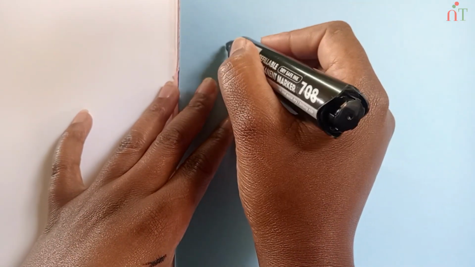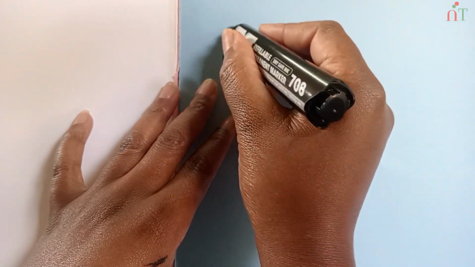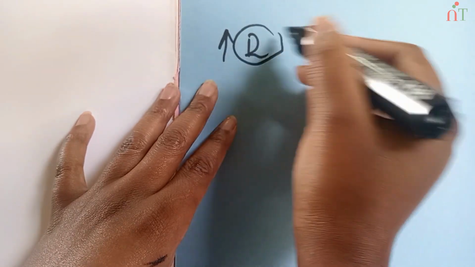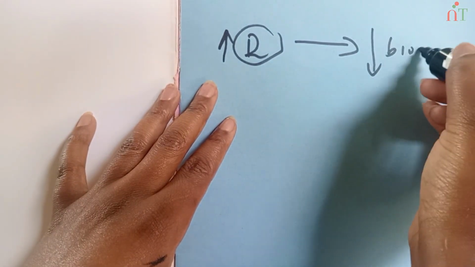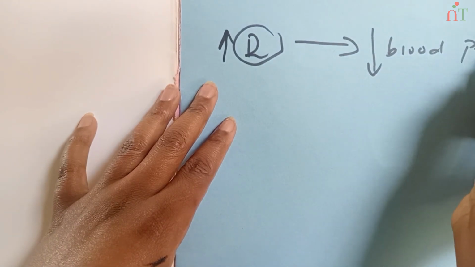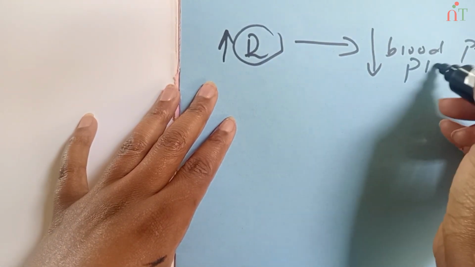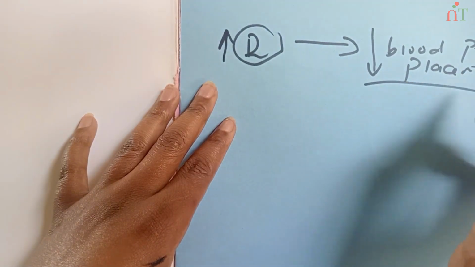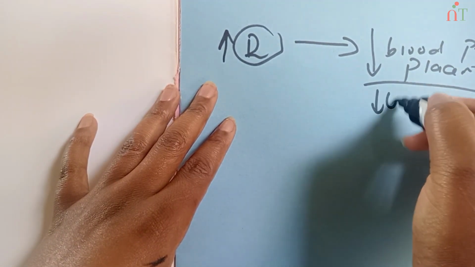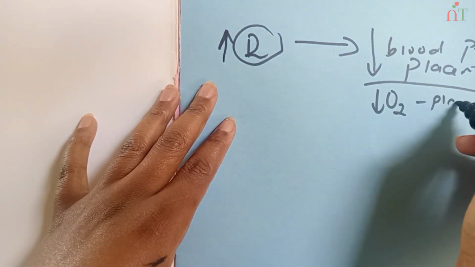When the resistance is high, then there is reduced blood perfusion to the placenta. So what does this cause? This means there is less oxygen supply to the placenta.